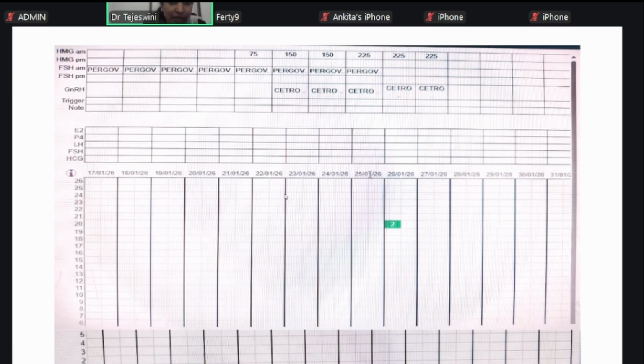Then whenever the scan is done on the 5th or 6th day, you have to note the size of the follicles in the right ovary and the left ovary. There might be 12 mm follicles, 4 in the right ovary, 3 in the left ovary, and they have to be noted down. So the folliculometry has to be specifically and accurately noted, and the trigger day depends on the size of the follicles on the scan.